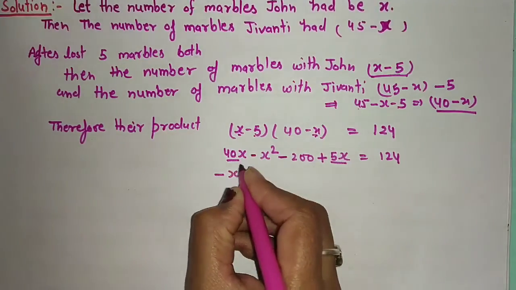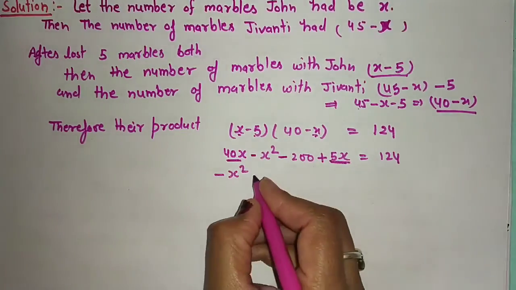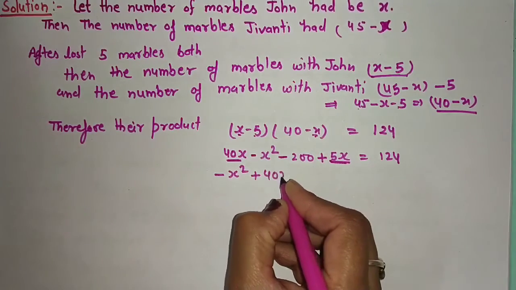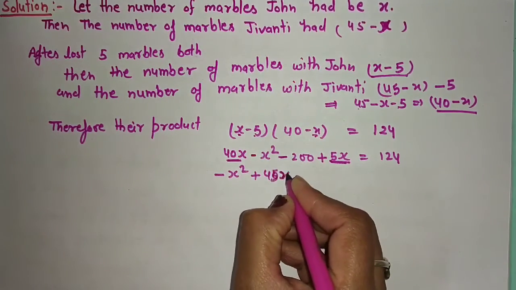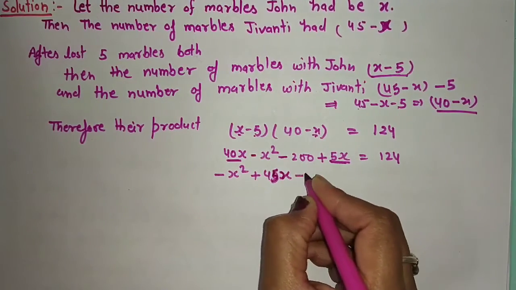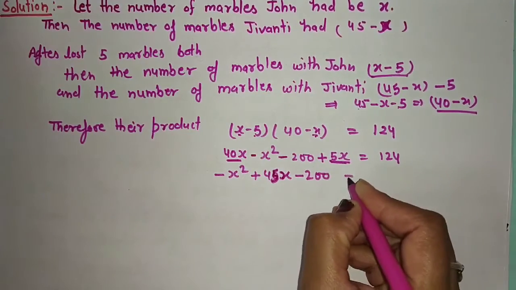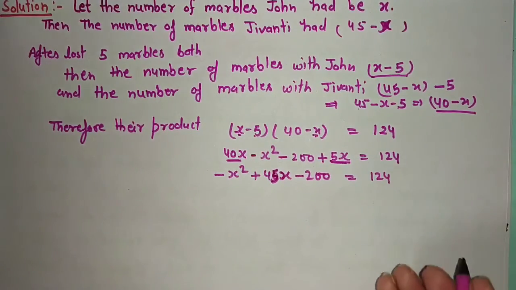Therefore, minus x square plus 45x minus 200 is equal to 124.